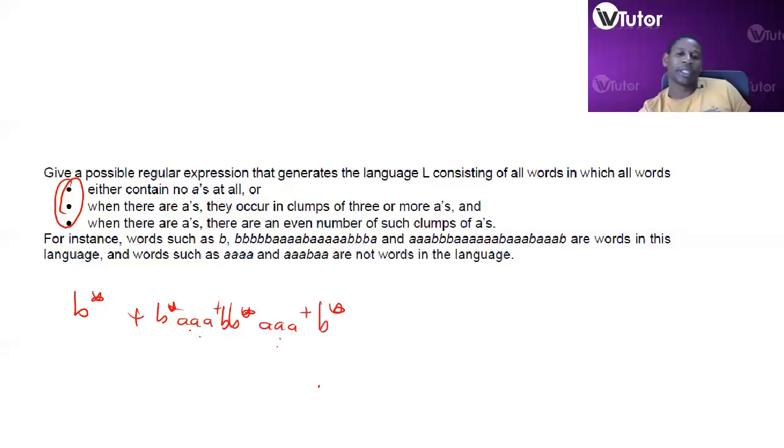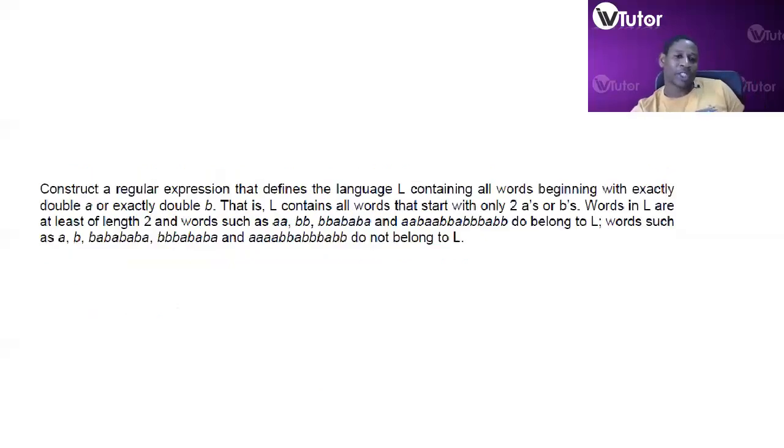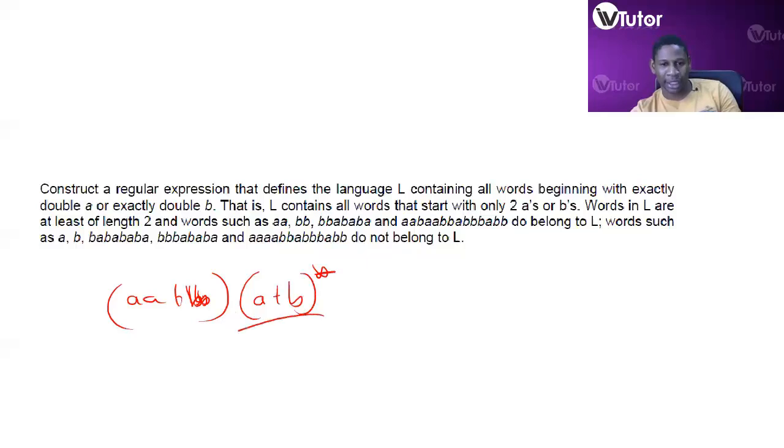Right. Then next one, construct a regular expression that defines the language L containing words always beginning with exactly double A or double B. That is, L contains words that start with only two A's or two B's. Words in L are at least length 2. So after we have got BB, we can generate anything, and the regular expression to say generate anything is this.